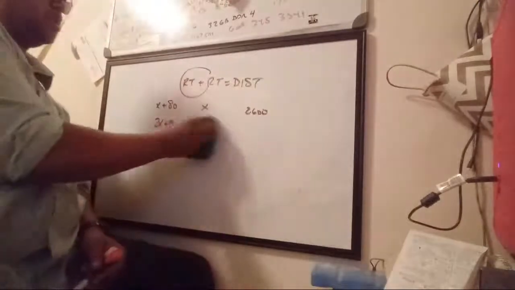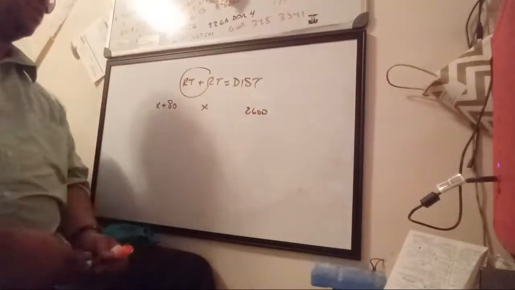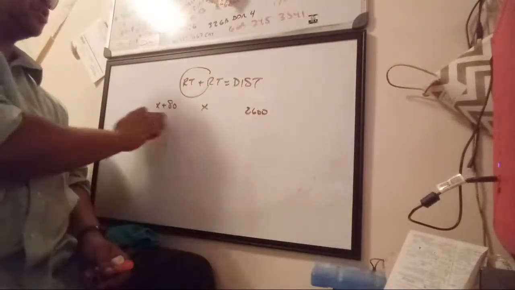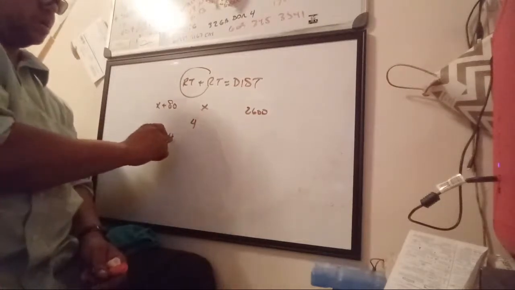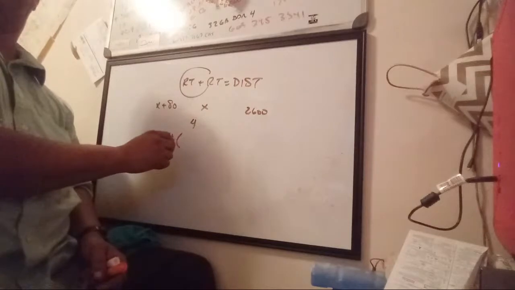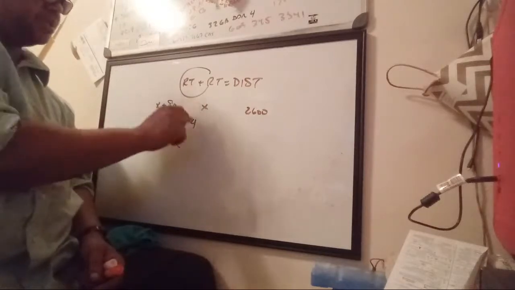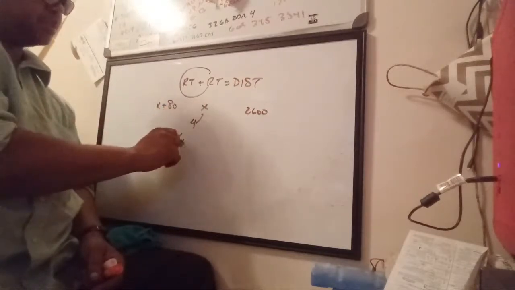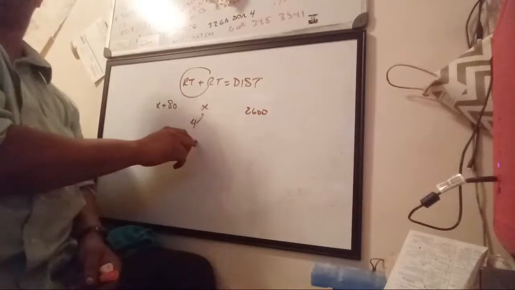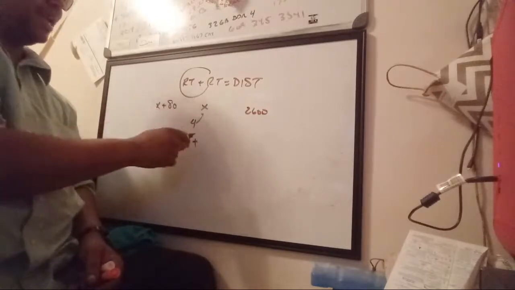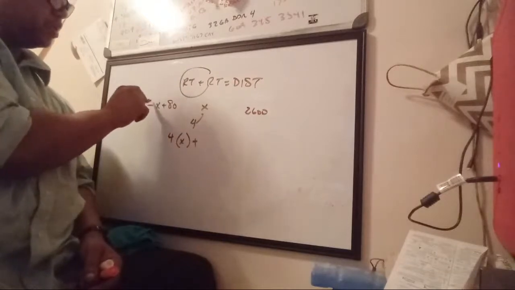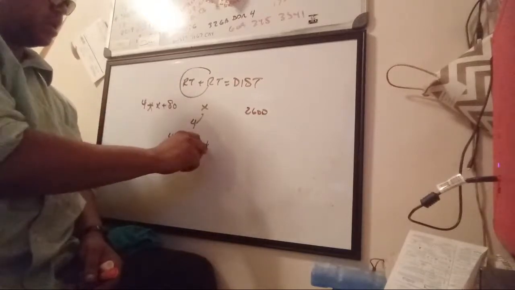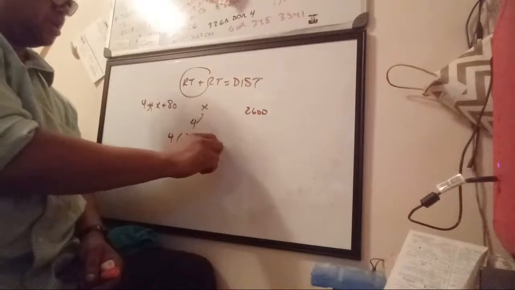And I made a little boo-boo there. These are the speeds, and they're going to be multiplied by time. So 4 hours times the x is 4x, plus 4 hours times the 80. So 4 will be distributed into that. You will get 4x plus 320.